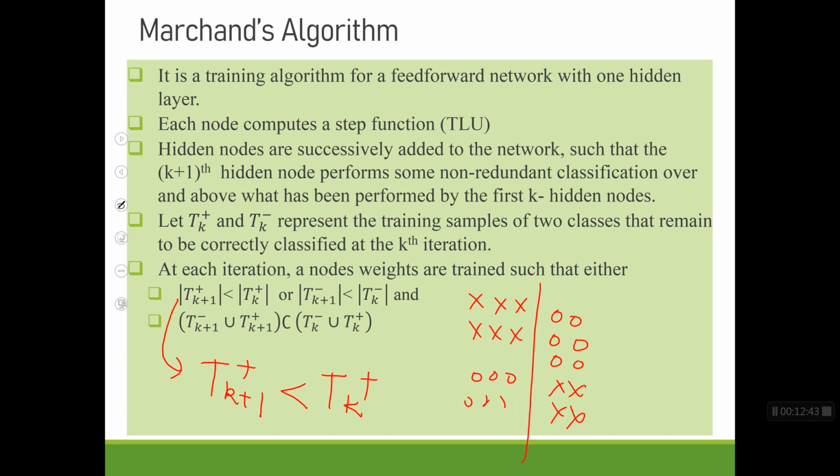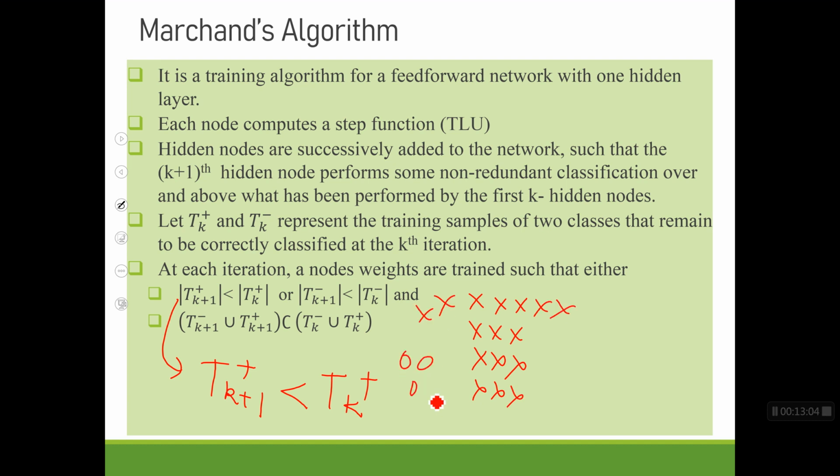So if I draw a line here, these patterns are already classified. So at every step T(k+1) plus will be less than T(k) plus.